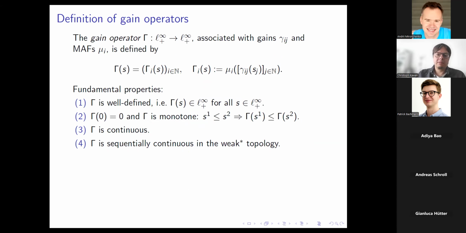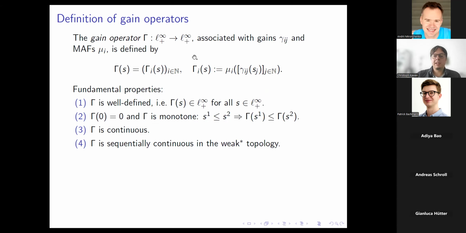So now we are at the point where I can define actually the gain operators. So this is really nice. Now we have everything put together to give a definition of the gain operator. The gain operator gamma, that's an operator on the cone. So it goes from L infinity plus to L infinity plus.